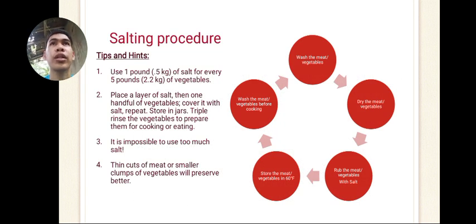So what is the procedure in doing salting? First, wash the meat or vegetables.